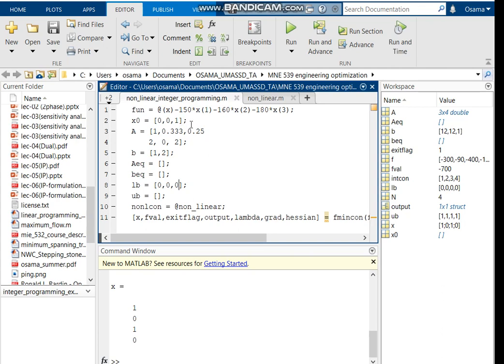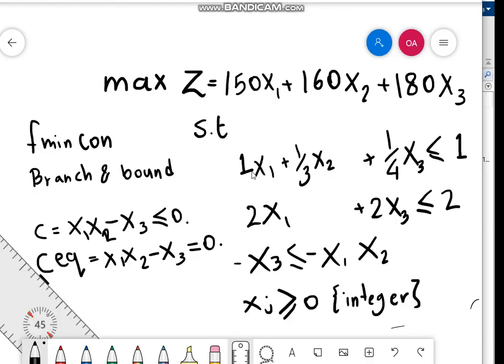You need to set up an initial value to enhance your search. Then you have the constraints. The linear constraints are defined the same way you defined them in linprog. In the original problem, you have 1 x1 plus 1/3 x2 plus 1/4 x3, and the second one is 2 0 2.